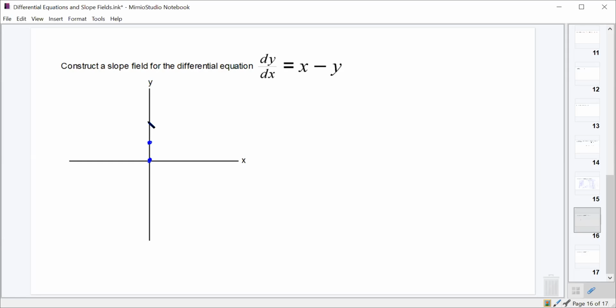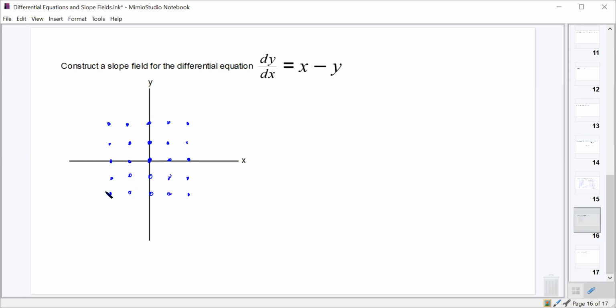This is what they'll normally do on the AP test: they'll give you a set of specific points to do this at. So let's sketch the slope field at those given points. I got 25 points there to sketch that.